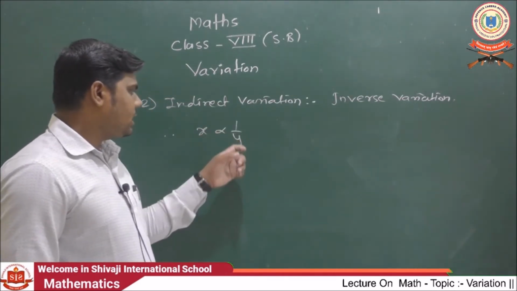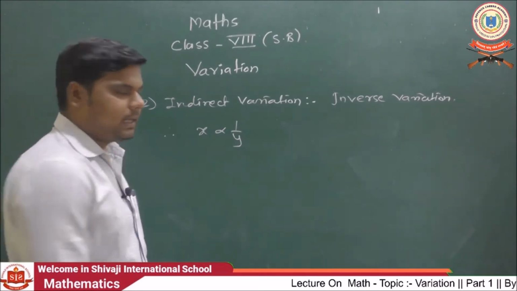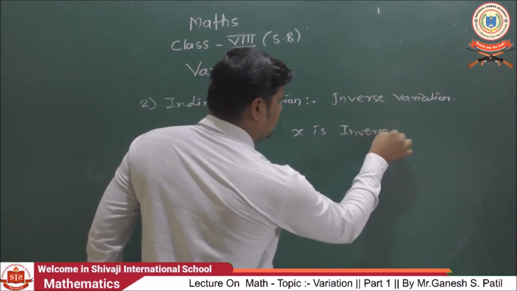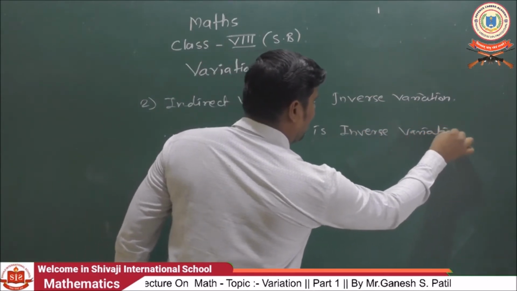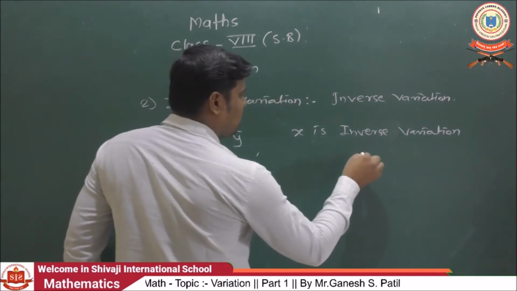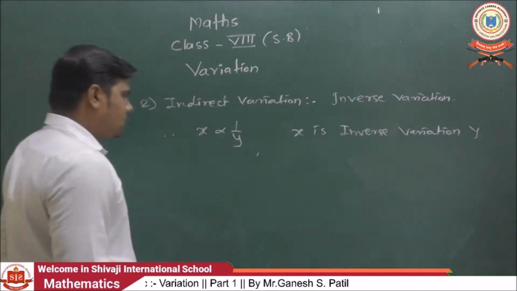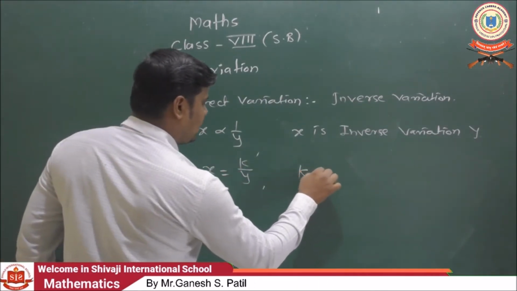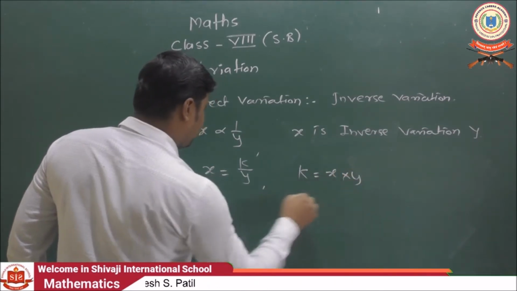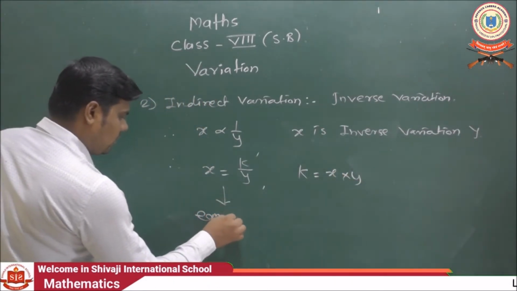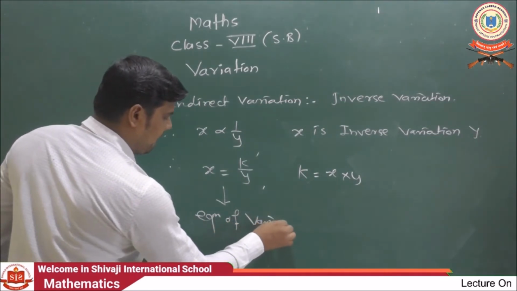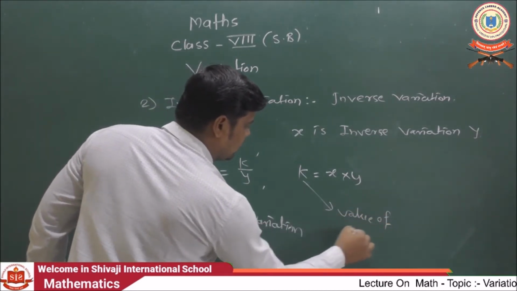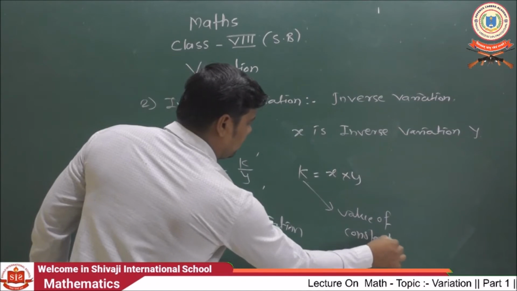See, X is inversely proportional, or inverse variation, or indirect proportion, to Y. Then X is equal to K upon Y, and K is equal to X into Y. This is the equation of variation, and this is the value of constant.